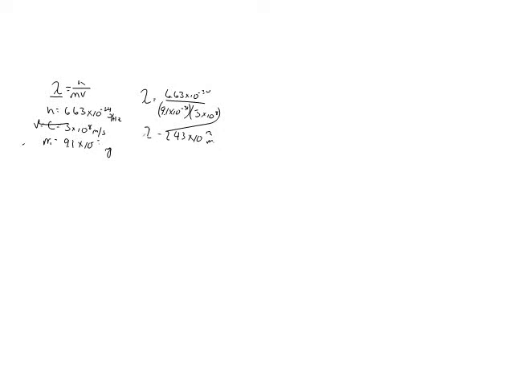Now, if you want to get really fancy, you can just leave it like that, but negative 12 is picometers, so it's 2.43 picometers. Again, you don't have to put that, it's just a little fancy thing.